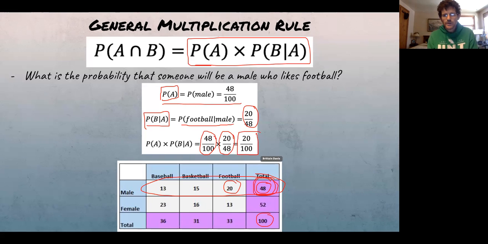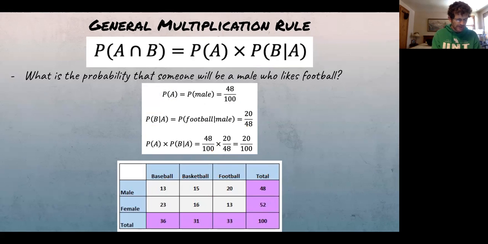Now this is one you might think is not necessary because we already have the numbers. We could just look at the two-way table and see that it's 20 out of 100. But this does help to illustrate why the general multiplication rule works. We're basically canceling out the 48s. All right, I'm going to pause right there and ask if there are any questions.